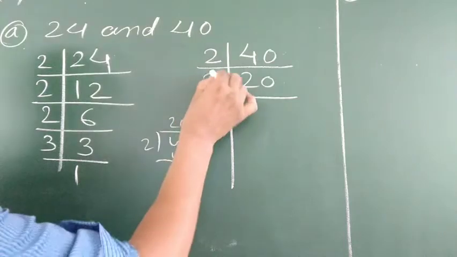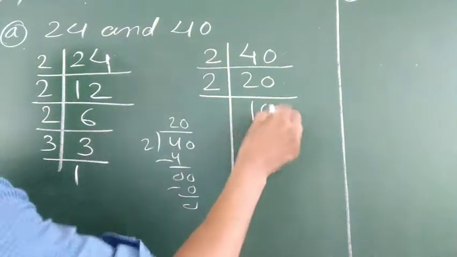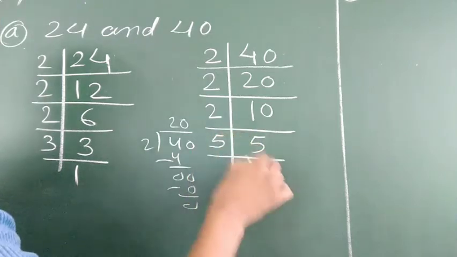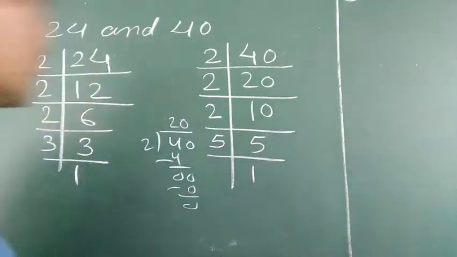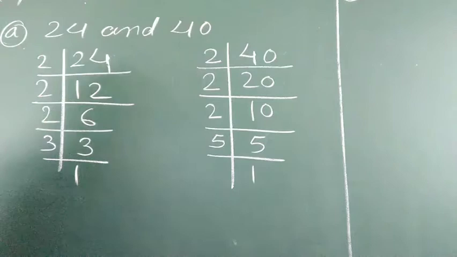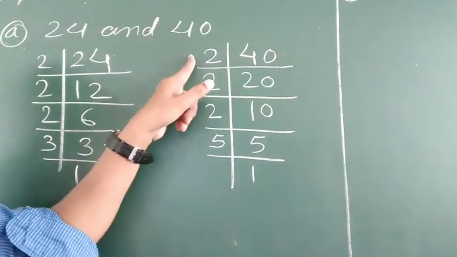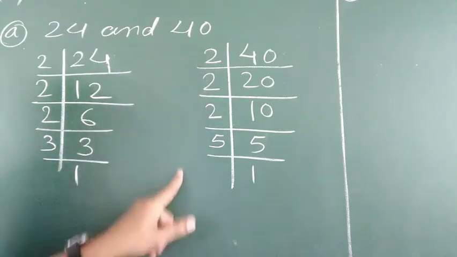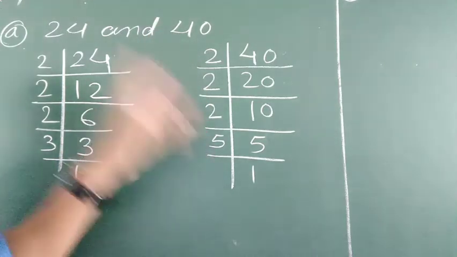Then again by 2, it is 10. Then 2, it is 5, then 5, again it is 1. So see, 2, 2, 2 and 5, these are the prime factors of 40.